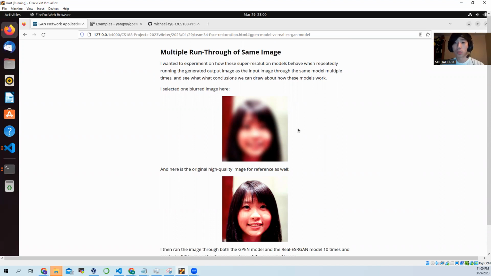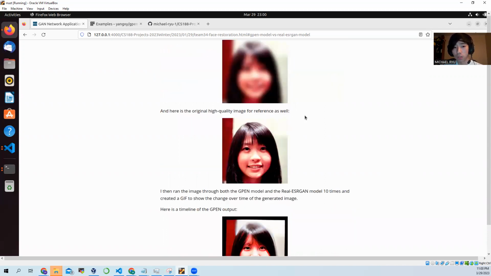Then for my extra experiment, I wanted to see what would happen if I ran the same image multiple times through GPEN as well as Real-ESRGAN, and see if it would try to retain the image of what a quote unquote real human looks like, as that was likely what they had trained on.